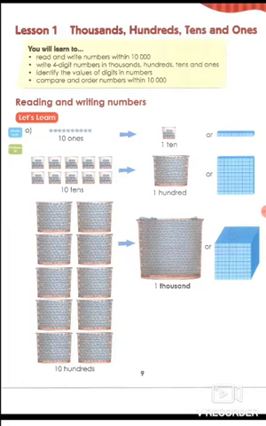Can you see that? 10 tens equals 100 marbles or 100 squares. 10 hundreds equals 1,000, and 1,000 marbles is the same as 1,000 squares.